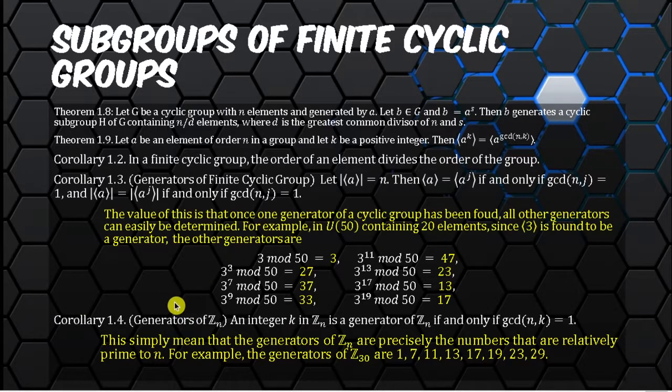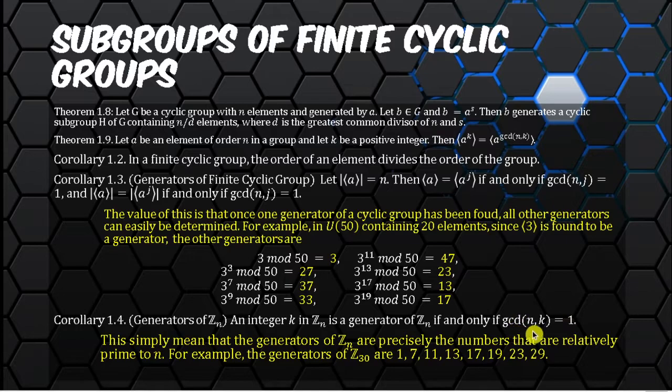Corollary 1.4. Generators of, this is now a specific corollary resulting from the theorems that we mentioned. Ito, nandito rin sa taas. For addition modulo n, the generators are easier to identify because it says here that an integer k in Z sub n is a generator of Z sub n if and only if GCD of n and k is equal to 1.